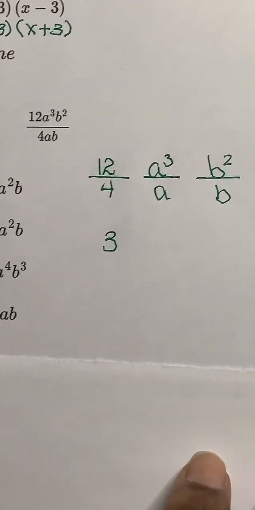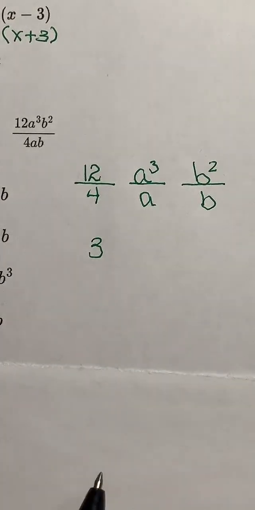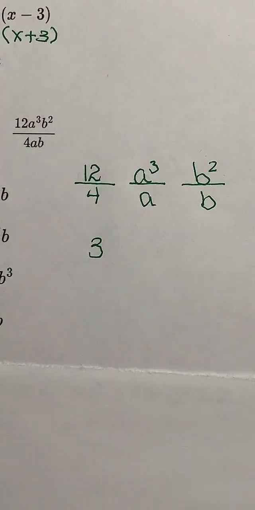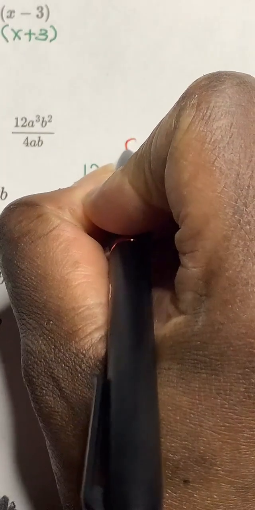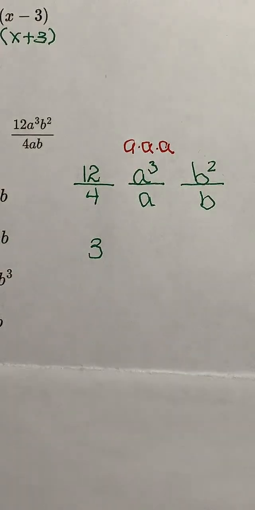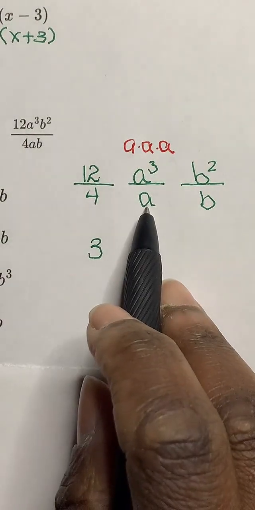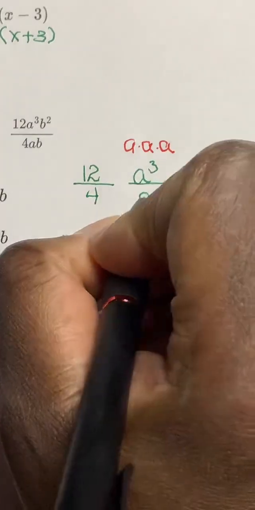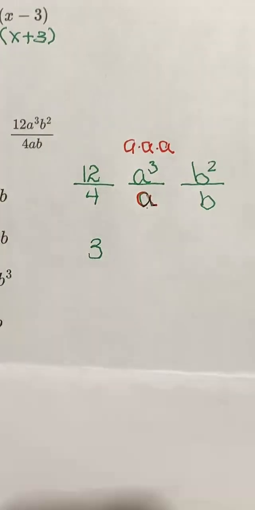So now, let's break down our A's. A to the third power means we're taking this base of A and multiplying it by itself 3 times. And then we have that one singular A in the denominator.